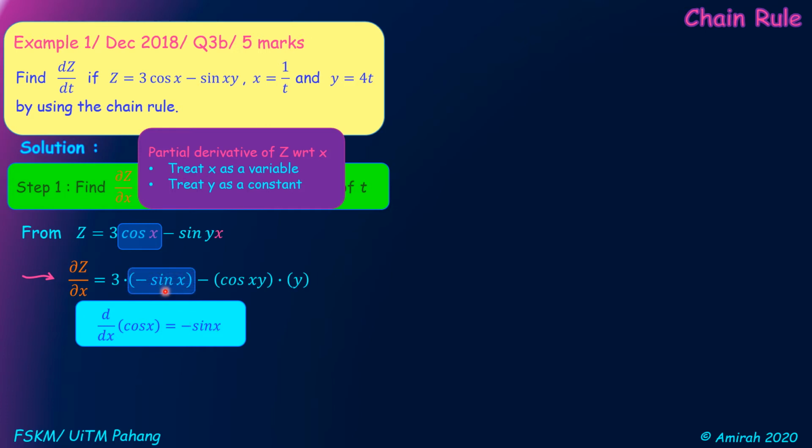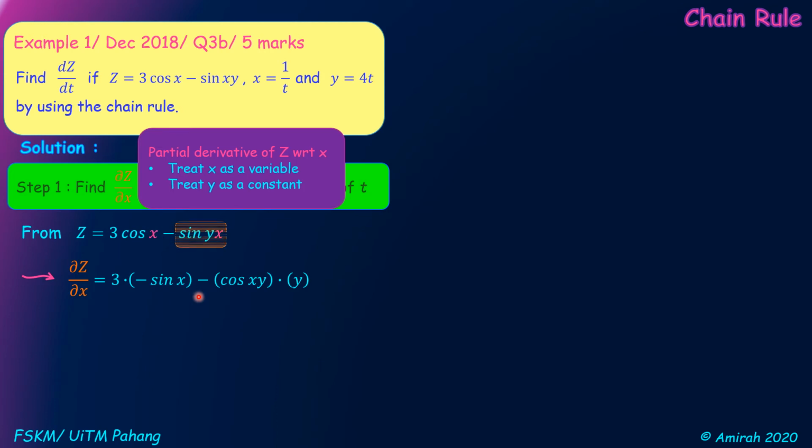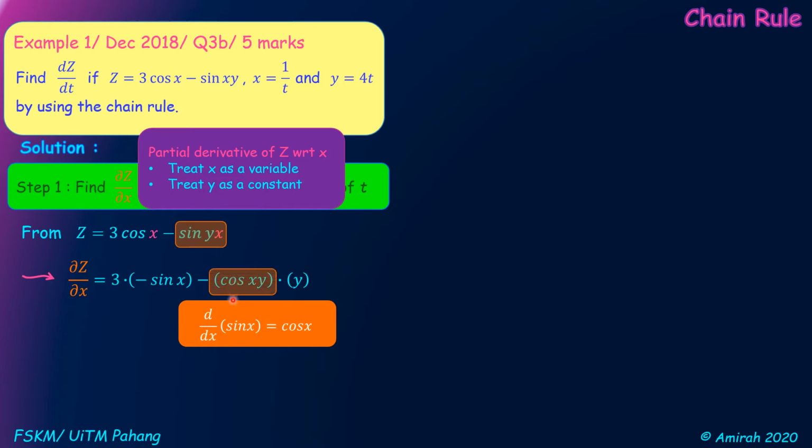That's why we get this. And then minus. To differentiate sin yx, we refer to the derivative of sin x with respect to x, which equals cos x. So when we differentiate sin yx, the answer equals cos xy.